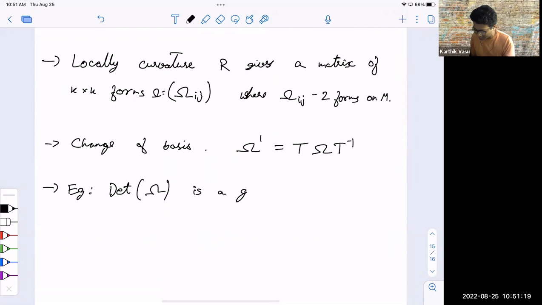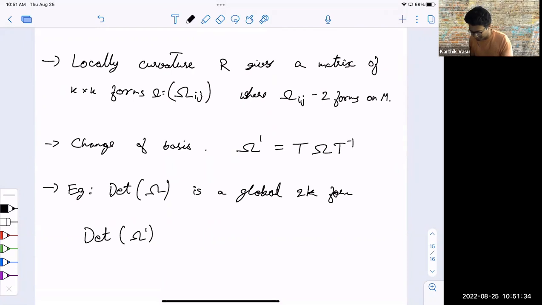It is a 2K form. Why? Because if I looked at the determinant of omega in a different representation or in a different chart, I will look at it as T omega T inverse.